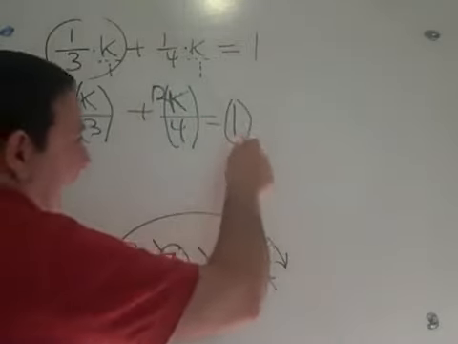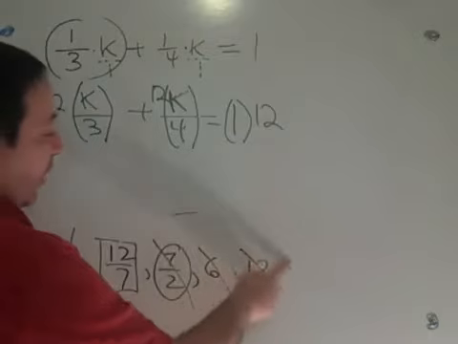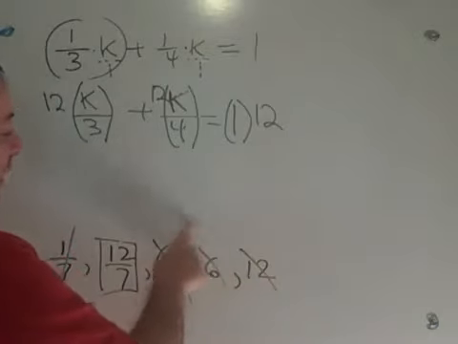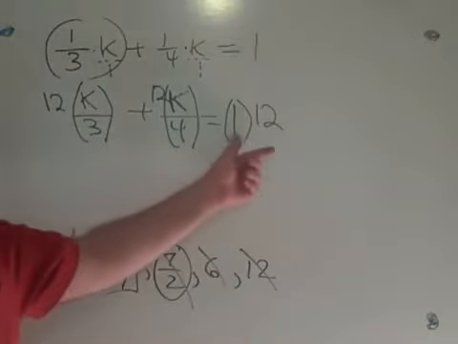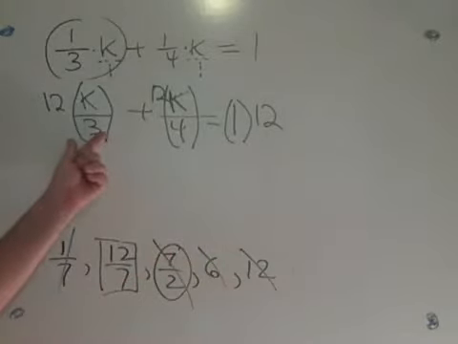But now I am multiplying the other side by 12. Okay, so you can multiply both sides by whatever number you like. But if you're not going to multiply the right side by anything, I can only multiply this by 1. Maybe 12 over 12.